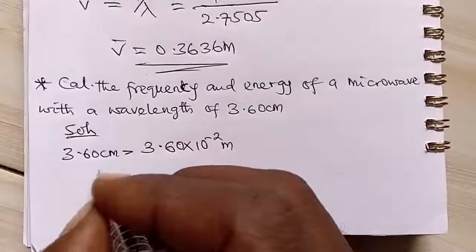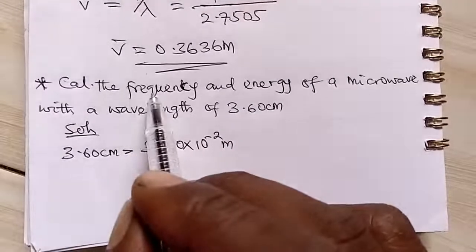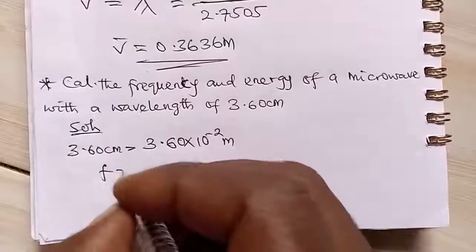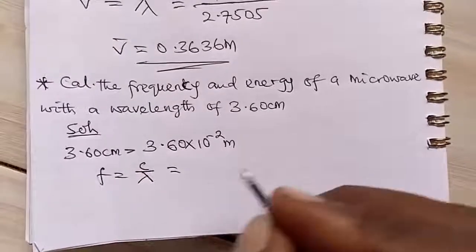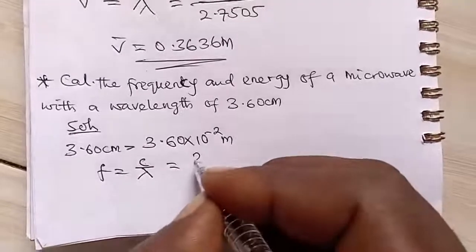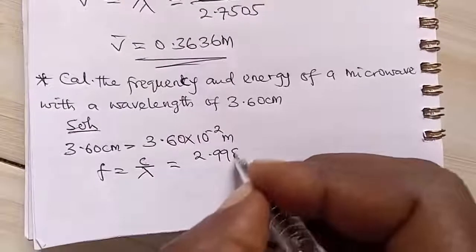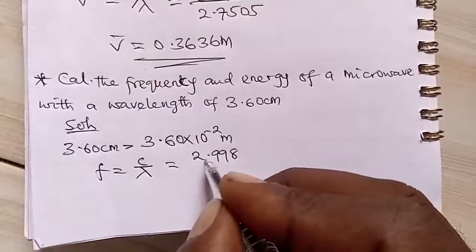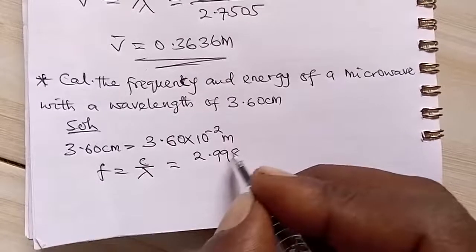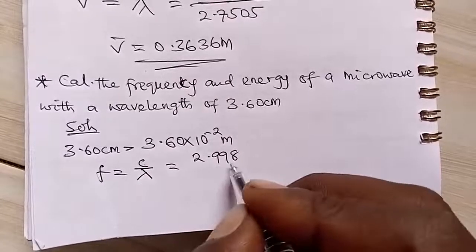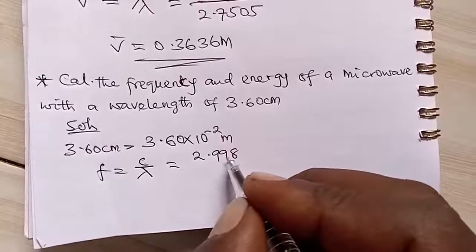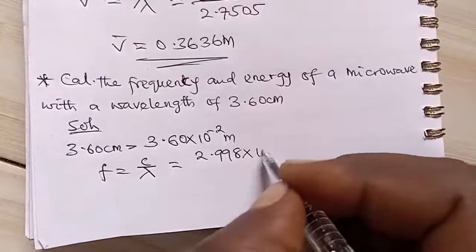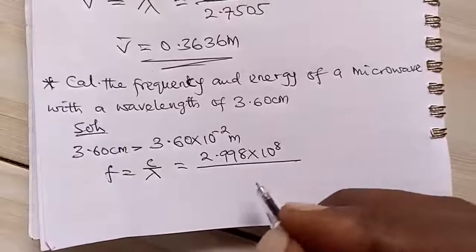Remember, what we're asked to calculate first is frequency, and we said that frequency is speed over wavelength, and speed is a constant, which is 2.998. Remember I said if you are given 3.0 times 10 raised to power 8, please use that. But just for the sake of this video, we're using 2.998 times 10 raised to power 8 meters per second.